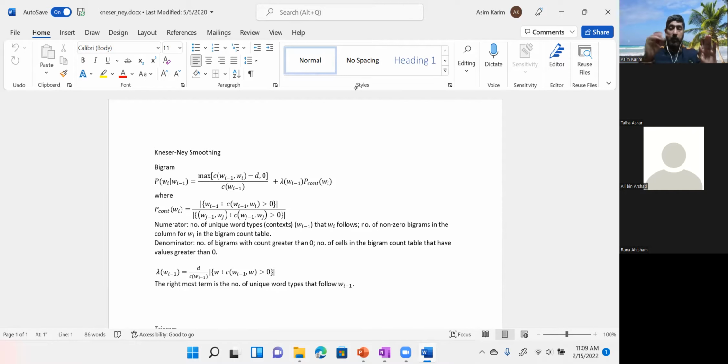That's the numerator, and divide by all such contexts that actually appear in the data set. So that's the unigram estimate. And then the lambda is simply computed from the amount that we have reduced from the counts, which we have given to this unigram estimate. So d times the number of bigrams for which we have reduced d, divided by, of course, C(w_{i-1}).